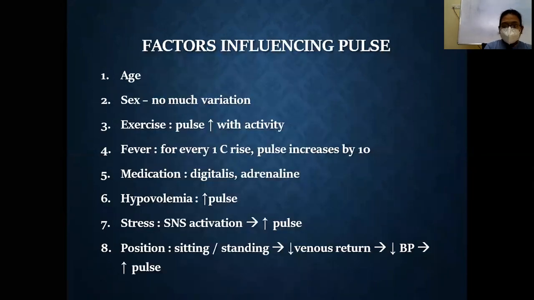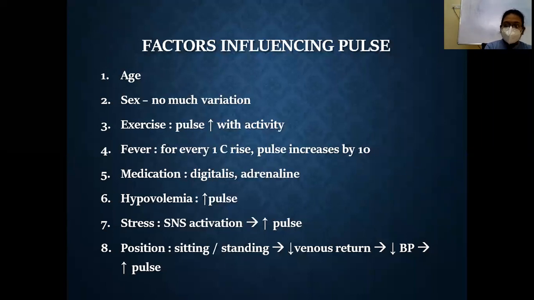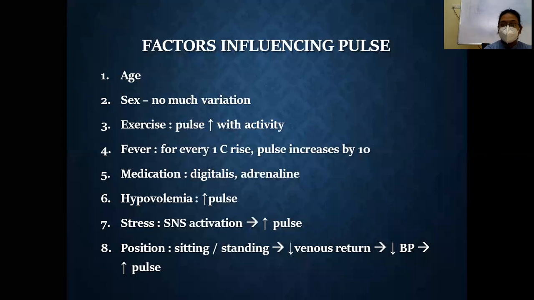When it comes to gender, there is not much variation. With activity, especially exercise, the pulse rate goes on increasing because of increase in the sympathetic discharge from the higher centers. Simple, in anticipation, the heart rate increases.